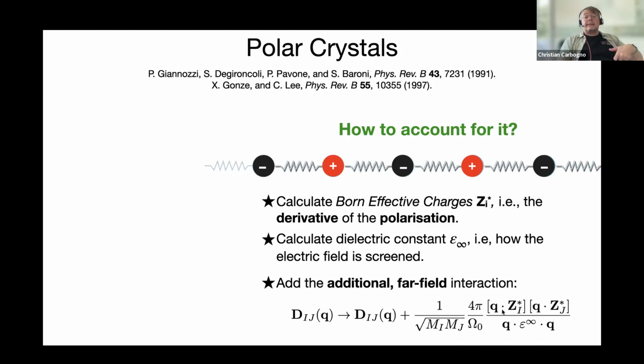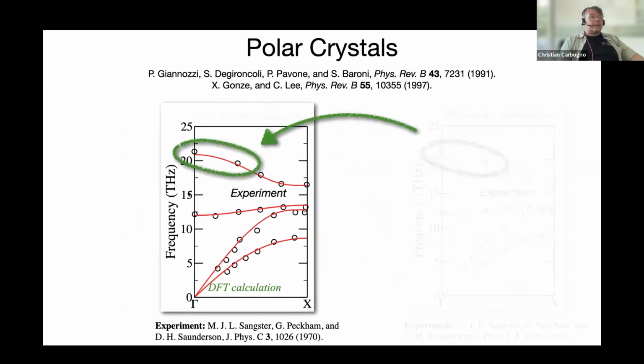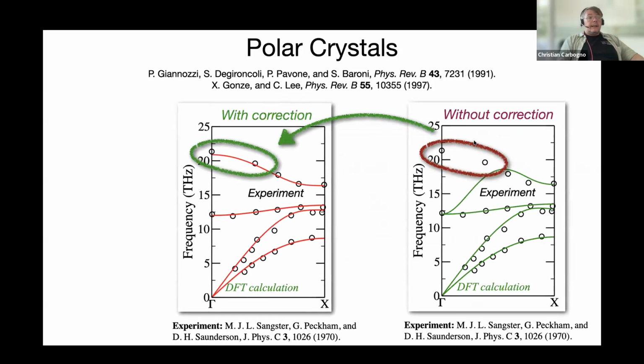And if you add that to your dynamical matrix and then diagonalize and solve the problem again, what you see is that you now get a much better agreement with experiment. So if you compare the two: first we had this without correction, and now with correction we get this correct result.